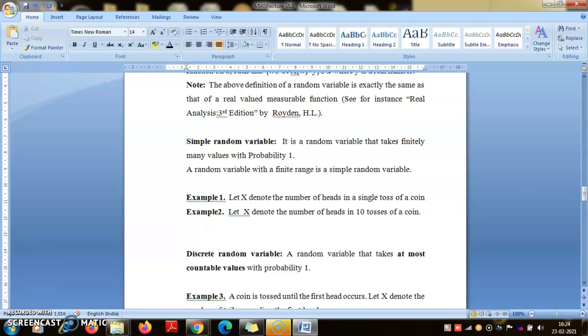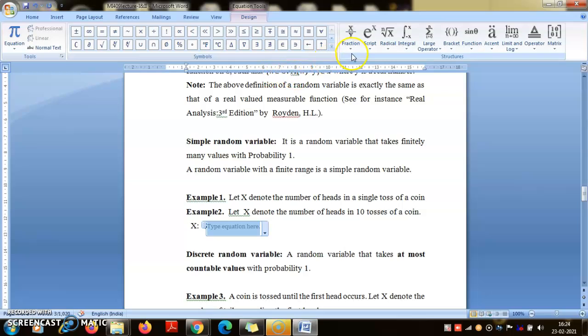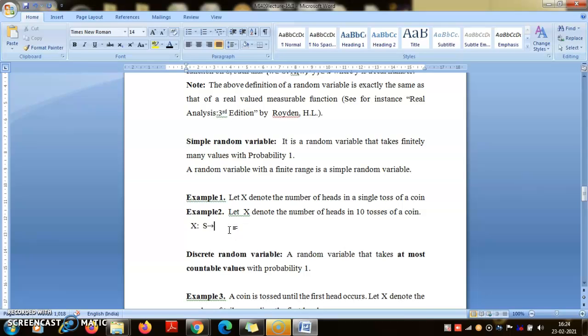If X is a mapping from S to the set {a1, ..., ak}, then we call it a simple random variable.